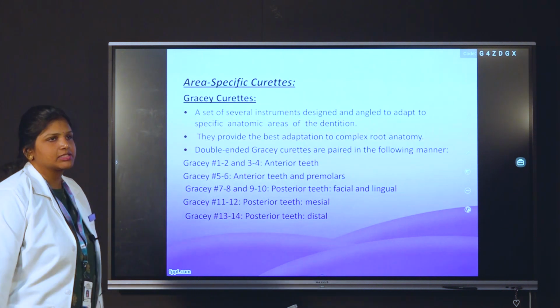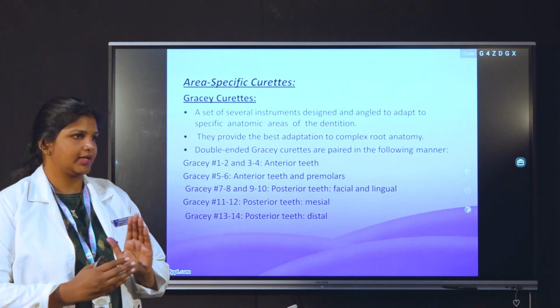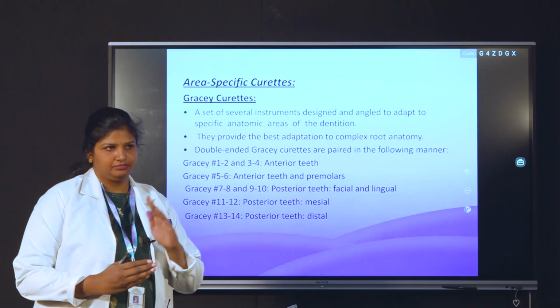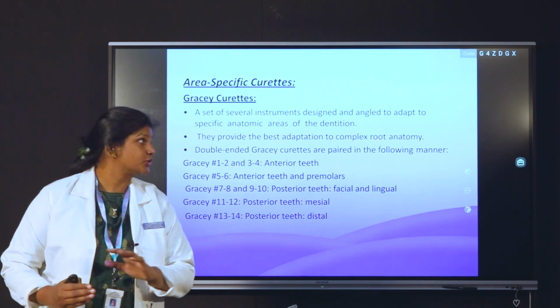So coming to the area specific curettes, the name itself tells that there is a set of instruments which are used in a particular area. Those are known as area specific instruments.